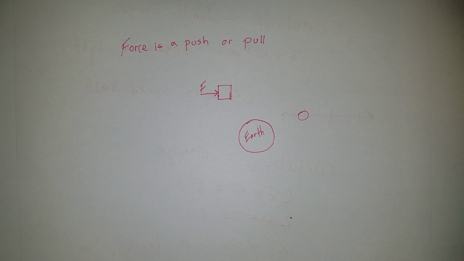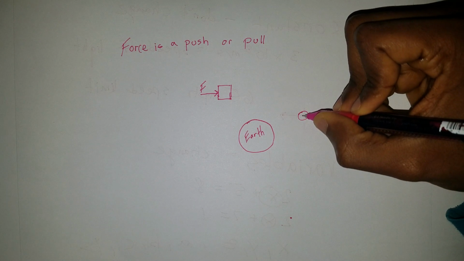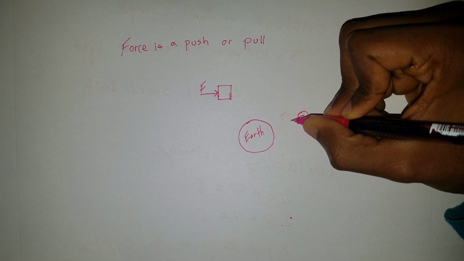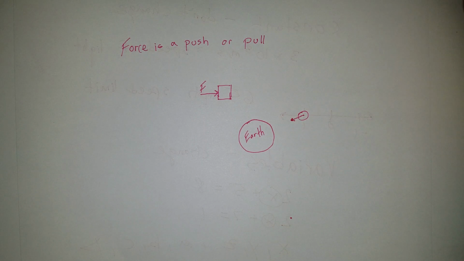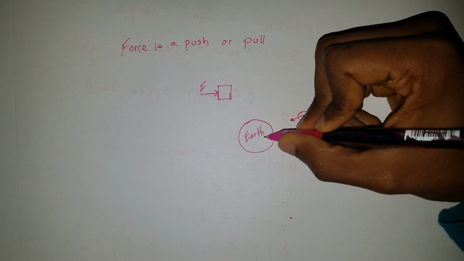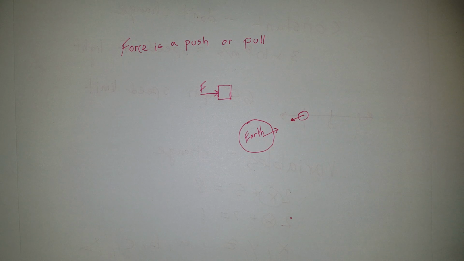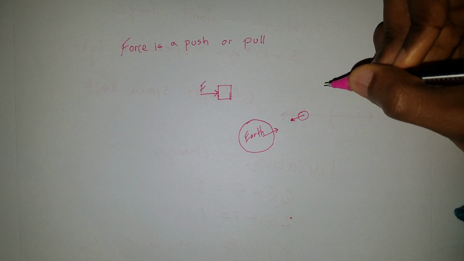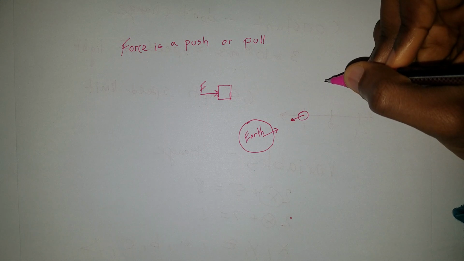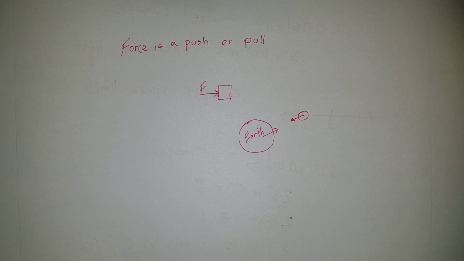And the moon is in orbit, and it's attracted to Earth as Earth is attracted to the moon as well. Both these objects exert a force on each other.